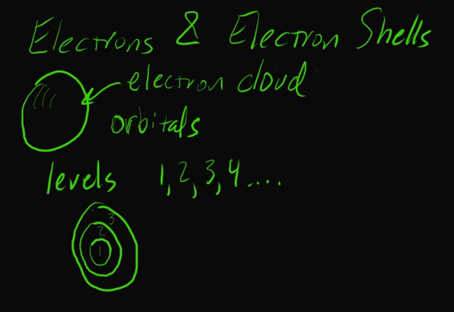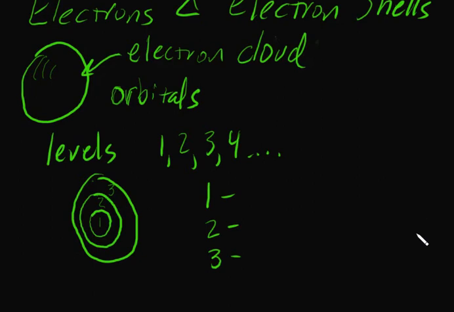You kind of get an idea of building layer by layer. And not only that, in each level, there are a certain number of and certain types of these orbitals. We'll talk a little bit about them, but not so much because, like I said, we do not want to get in over our heads here.